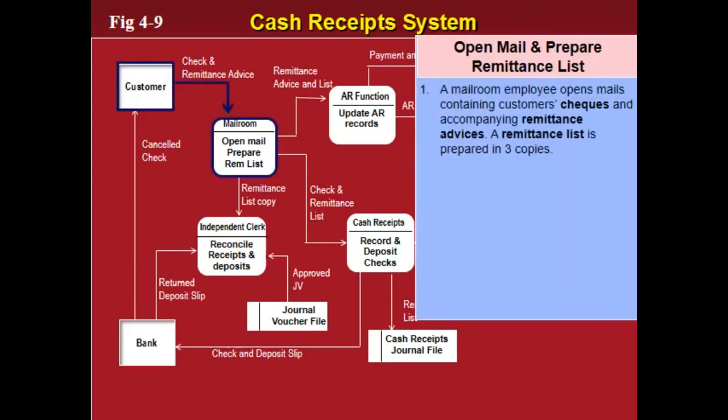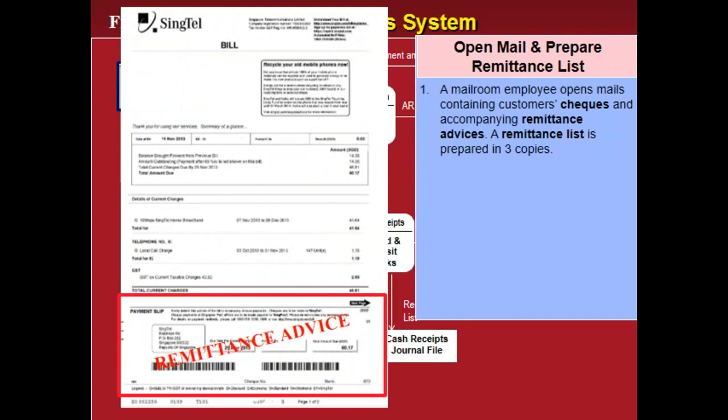The cash receipt transaction starts when customers send in the checks, accompanied with the remittance advices via mail. As learnt in Lecture 1, the remittance advice is a turnaround document that can be detached from the invoice and contains invoice details. Now this helps the company identify which invoices are being paid with the checks received.